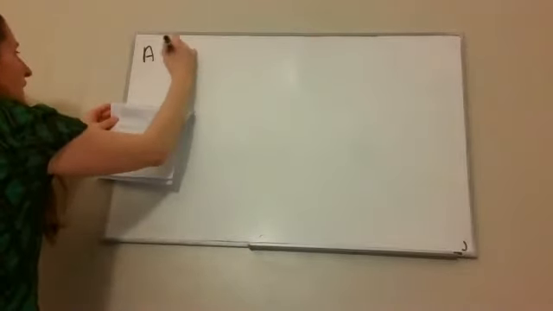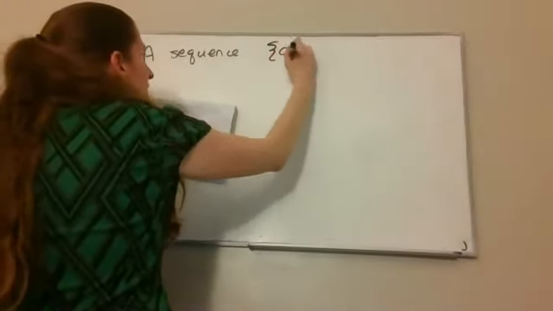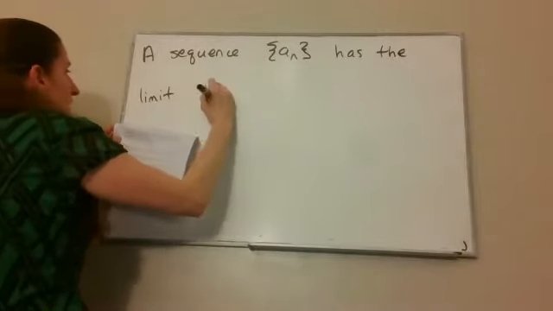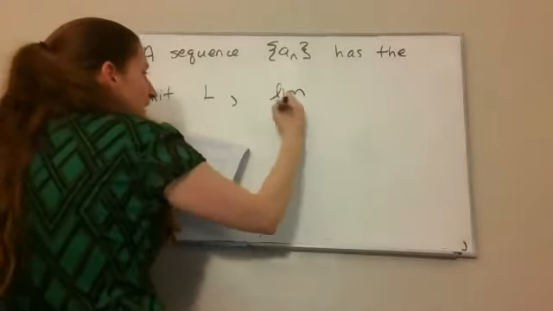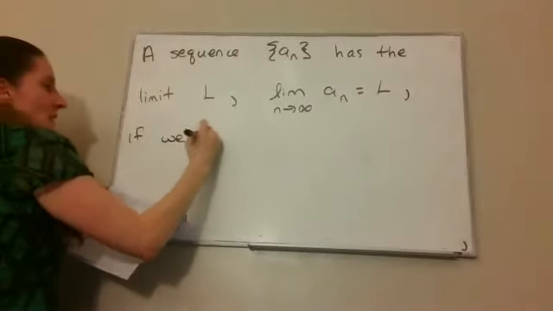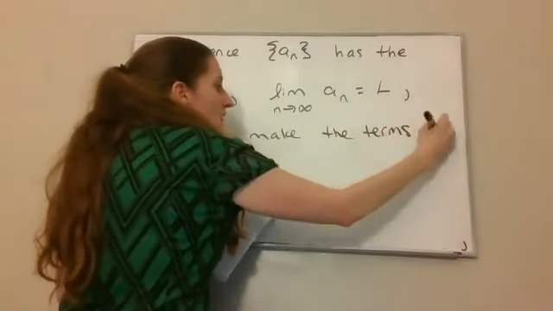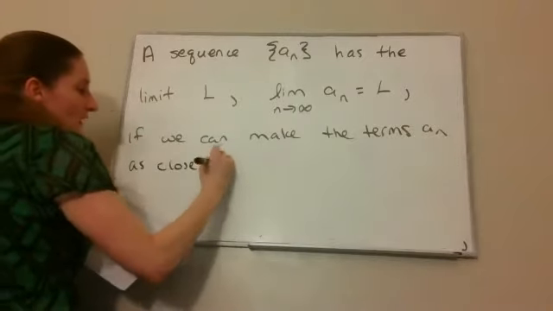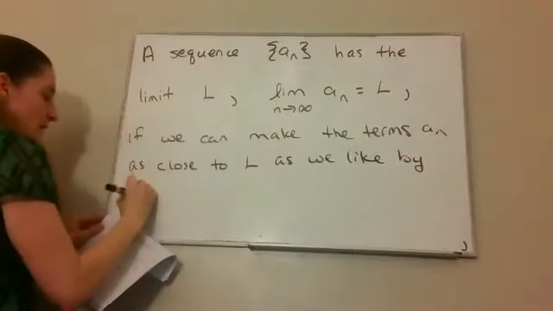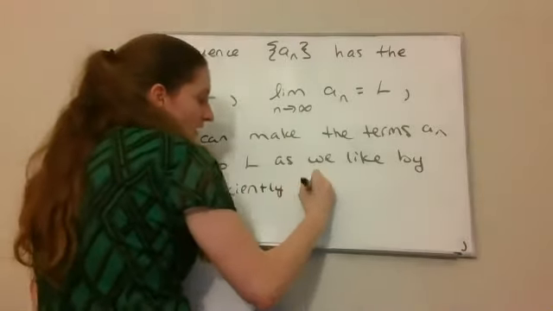So a sequence a_n has the limit L, which we can write as the limit as n approaches infinity of a_n equals L, if we can make the terms a_n as close to L as we like by taking sufficiently large n.